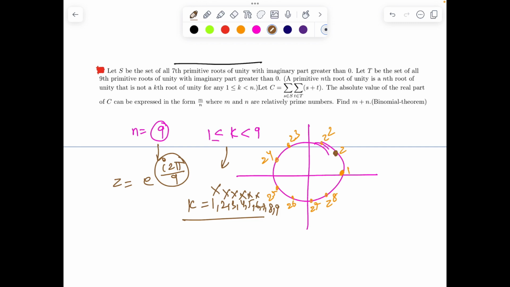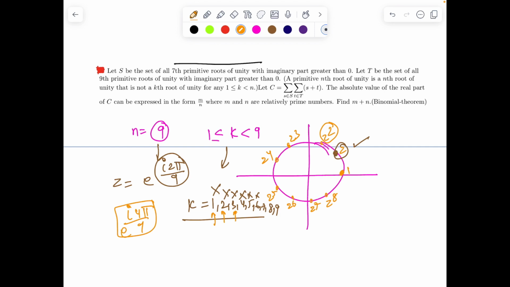It should not be the second root of unity, that's true. It should not be the third root of unity, 4th, 5th, 6th, 7, 8, 9. So yes, this z qualifies to be a primitive 9th root of unity. What about z square? Again, z square gives e to the power i 4 pi by 9. Now clearly, it is neither the first root of unity, second root of unity, third root of unity.